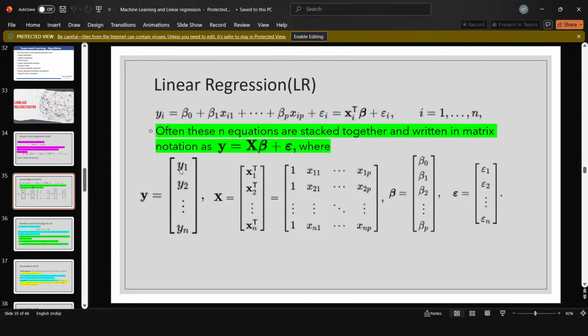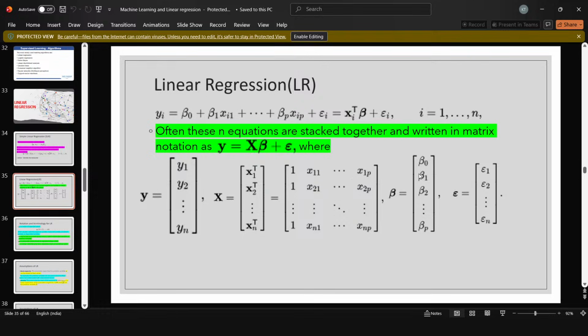So suppose there are five features, you will have five rows in this matrix. This is x1 transpose, x2 transpose, and so on. So this is basically the first feature, second feature, and so on until the nth feature. You'll be given a series of values, and you represent it as follows.